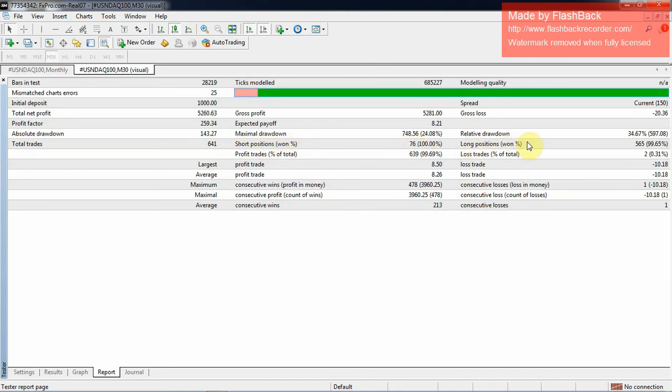Long positions, which are buy orders, 569 trades, we won 99.69% of buy trades and 100% of sell trades.